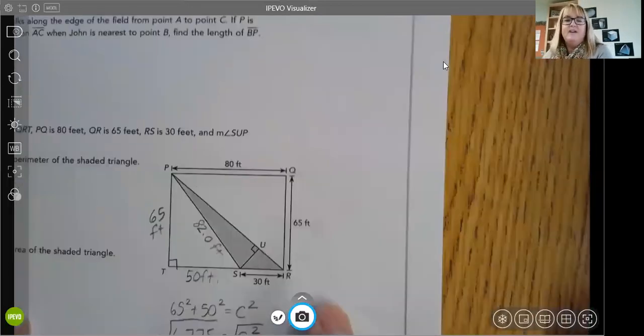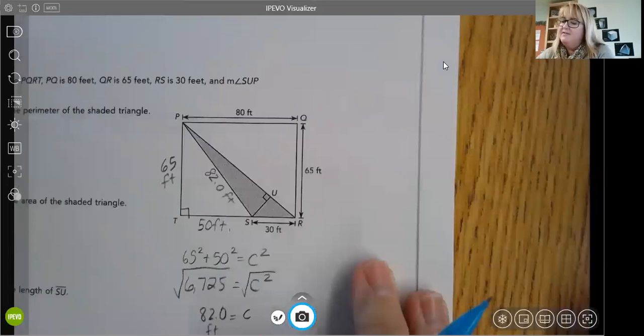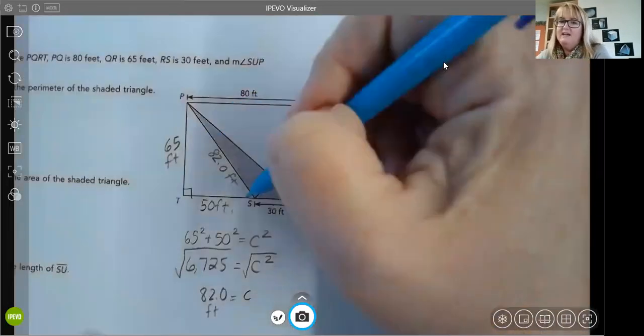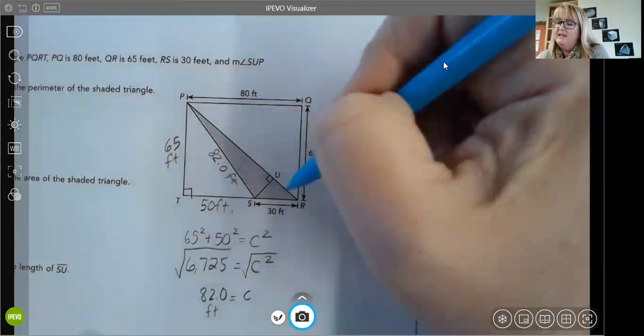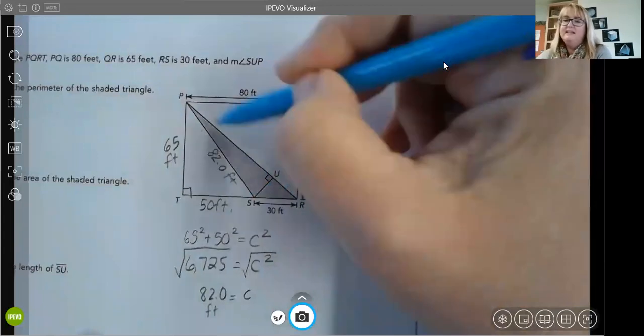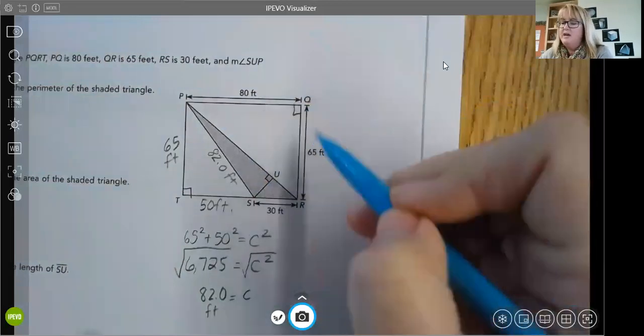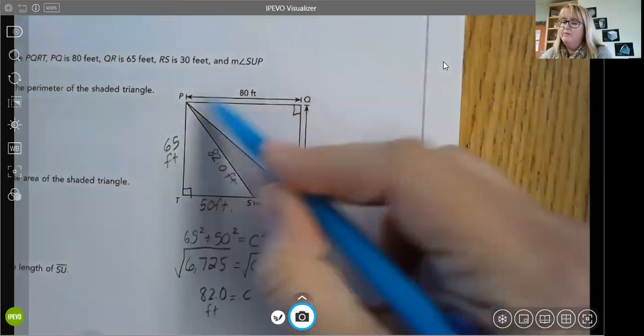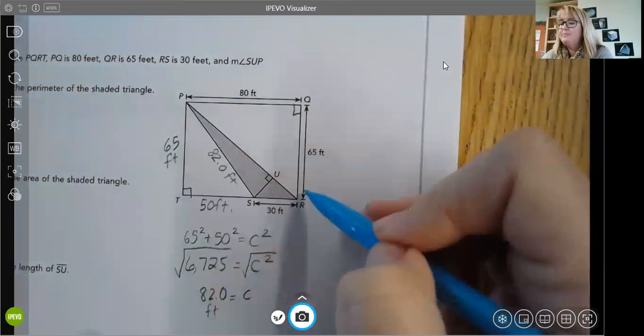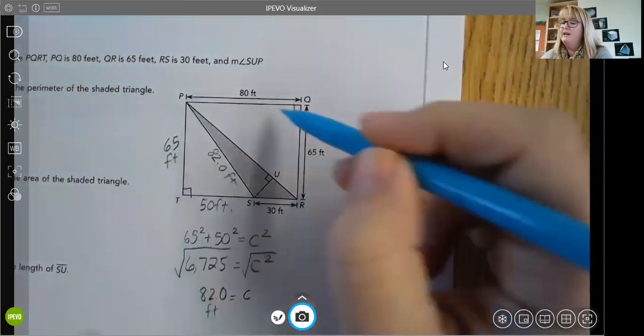All right, so I got that one. Now to find the perimeter, I've got this side, I've got this side, now I need this side. The nice thing about this being a rectangle is I have a right triangle here, this big white triangle in the white.